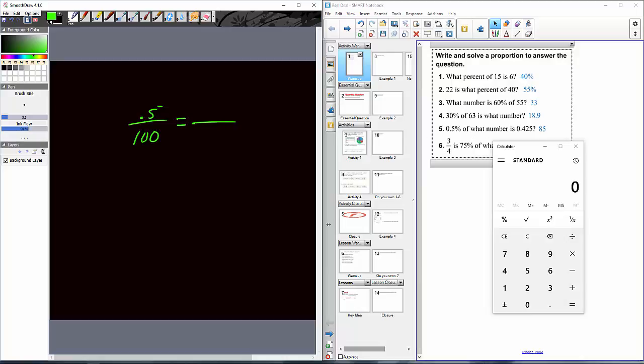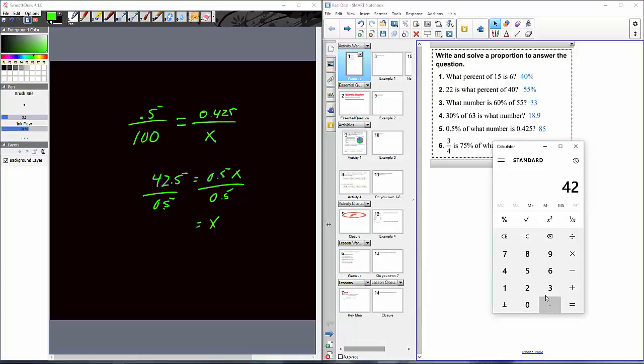I don't know the total, so I know it's an x. I know the top is 42.5. When I multiply this out, I'll have 42.5 equals 0.5x, divided by 0.5 on both sides. And I'll have x equals 42.5 divided by 0.5, which gives me 85.